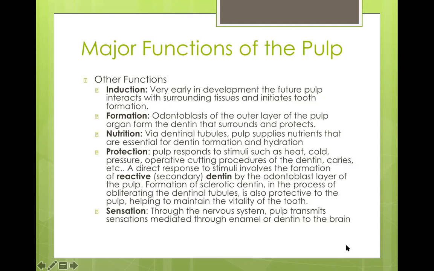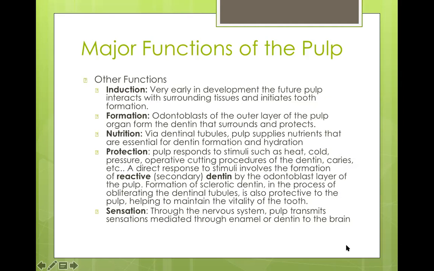The odontoblasts in the outer layer of the pulp will also induce formation of the dentin that surrounds the pulp. The pulp will provide nutrition through the dentinal tubules to the dentin, and it's important for its formation and hydration.